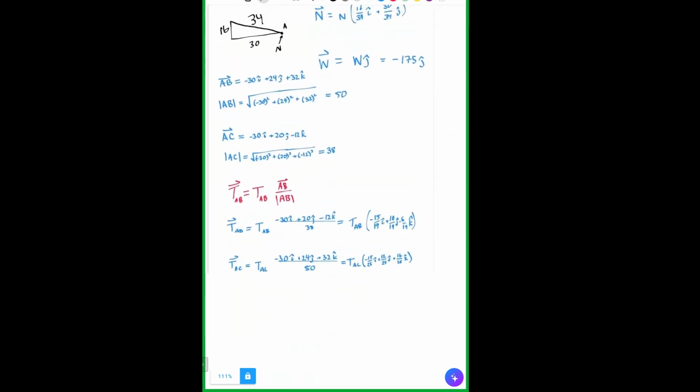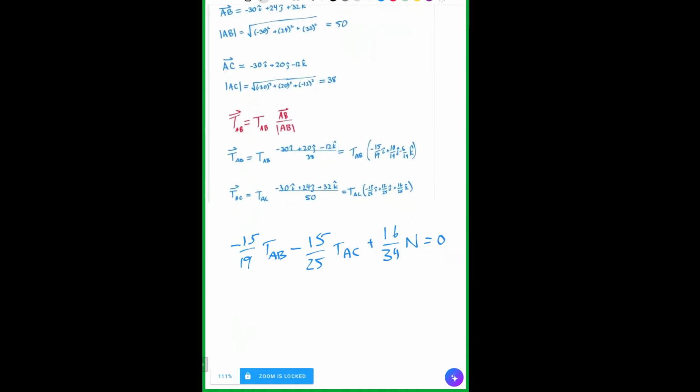So we have negative 15 over 19 TAB minus 15 over 25 TAC, plus 16 over 34 N equals 0. And then we'll do the same thing for the other two equations following a similar process.